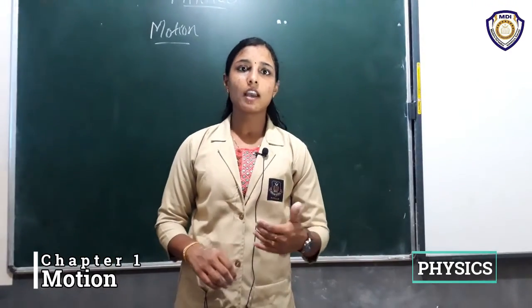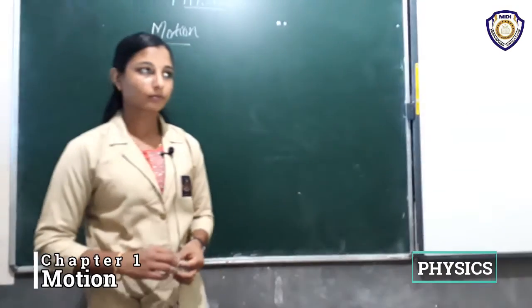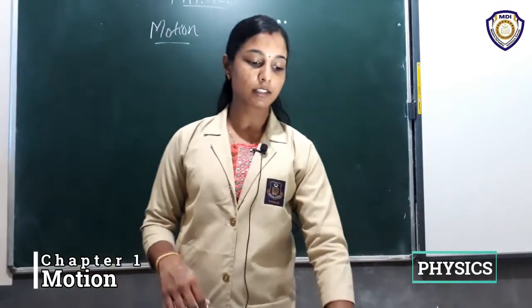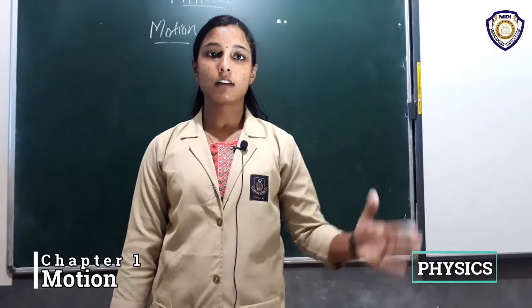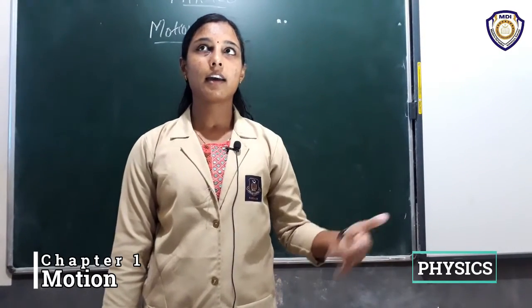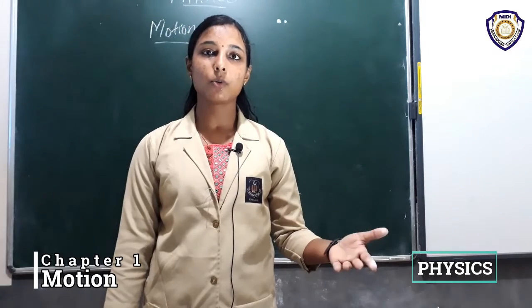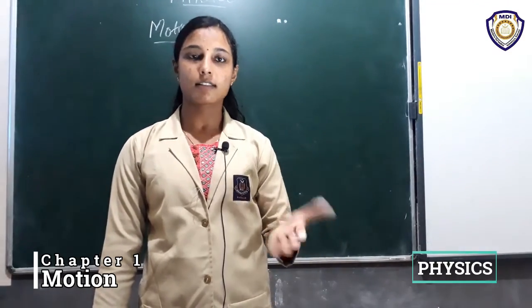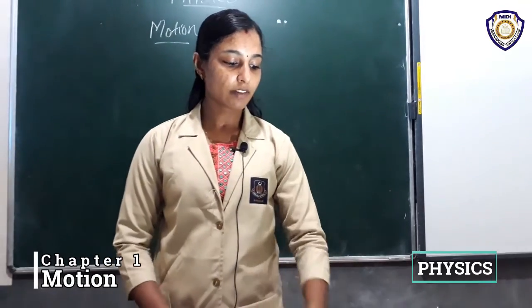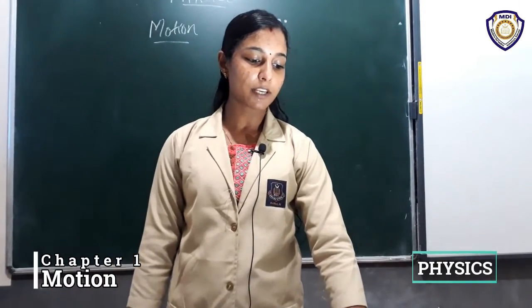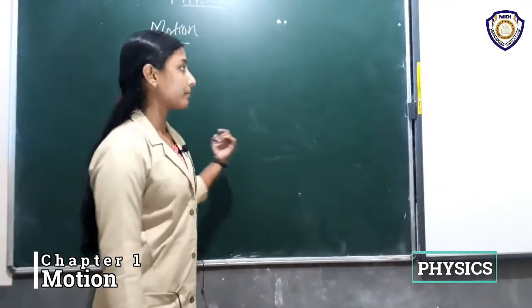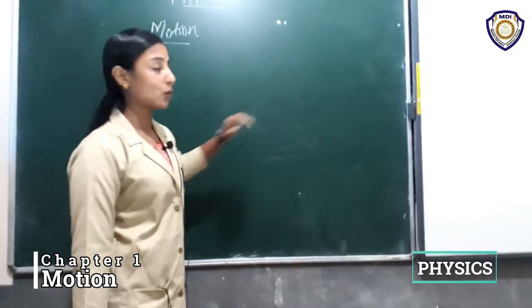And one thing I forgot to say: the questions given in your textbook, the first questions I gave you in the last class or the first or second class, right? The questions given on page number 100, the second question, I made a mistake while explaining to you.